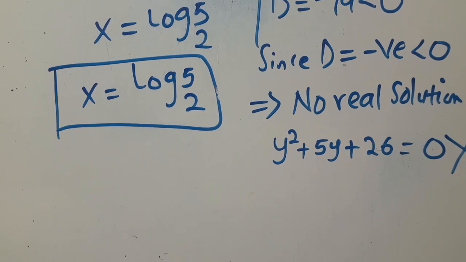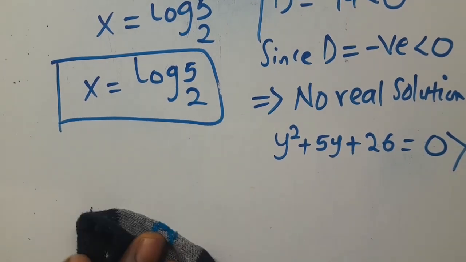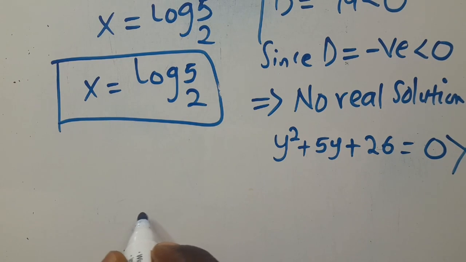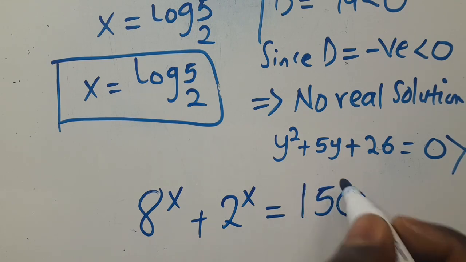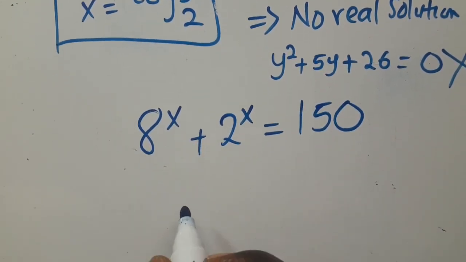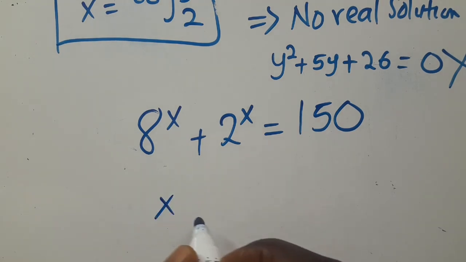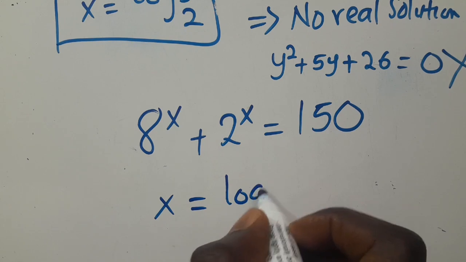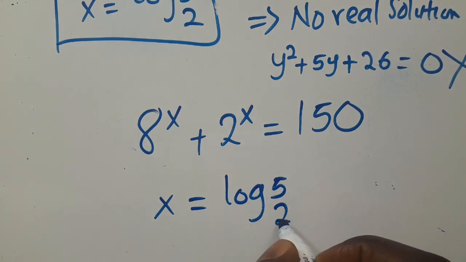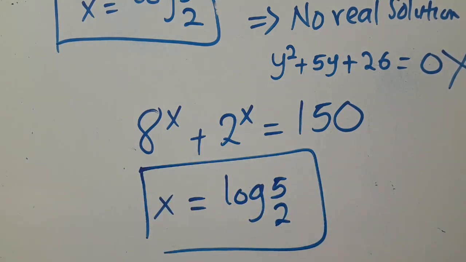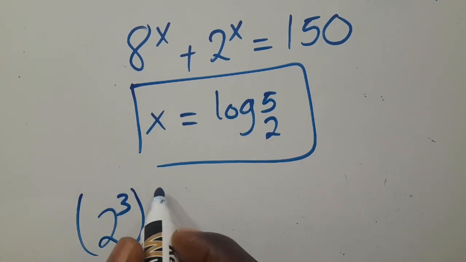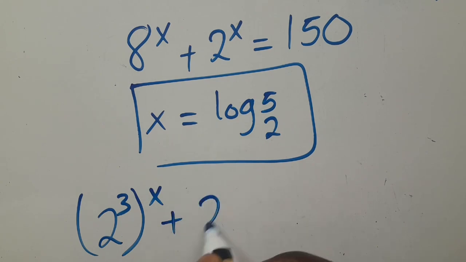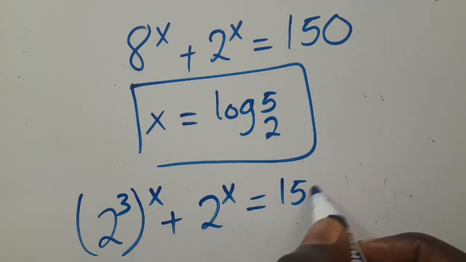So therefore, given the problem 8 to the power of x plus 2 to the power of x equals 150, the real solution for the problem is x equals log 5 in base 2. And if you want to check, we can check. We have 2 to the power of 3 as 8, then to the power of x plus 2 to the power of x equals 150.